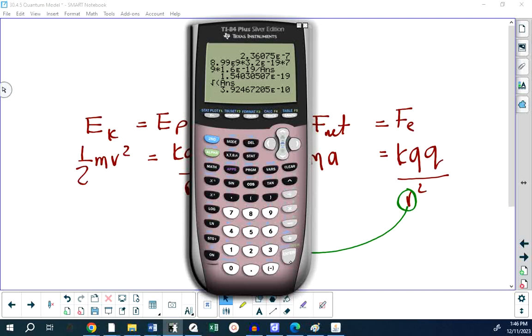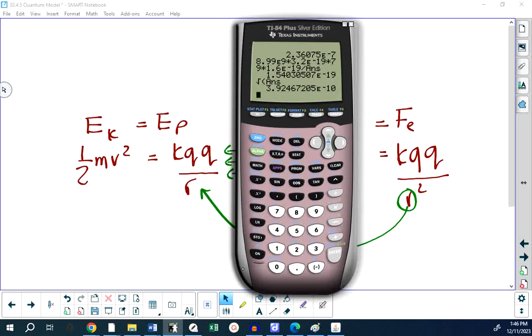And we did all that so we could determine r, so we could now calculate the potential energy at that point and set it equal to the kinetic energy at that point. So the potential energy is Coulomb's constant times the charge of the alpha particle times the charge of a gold nucleus divided by r.